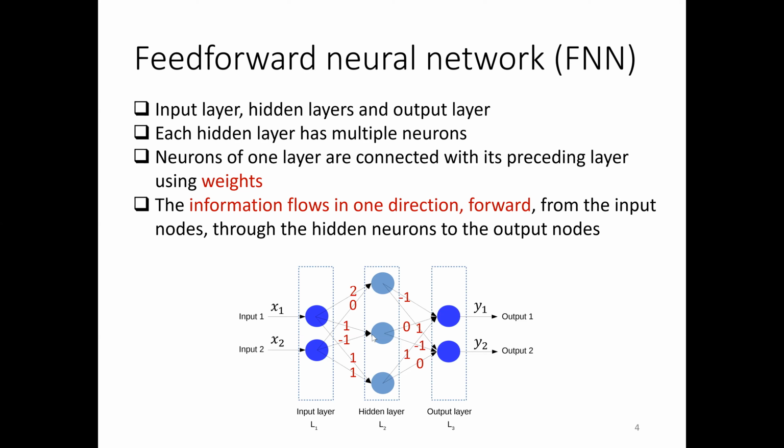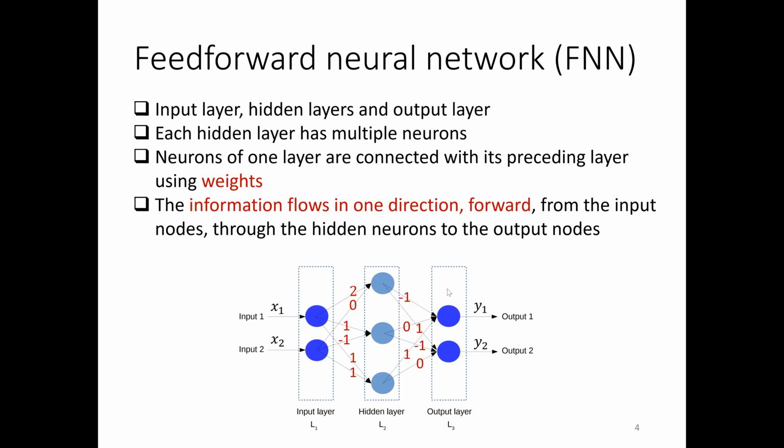The input to the second neuron of the hidden layer equals x1 minus x2. And the input to the last neuron of the hidden layer equals 1x1 plus x2. Is that clear? Yeah, that's clear.